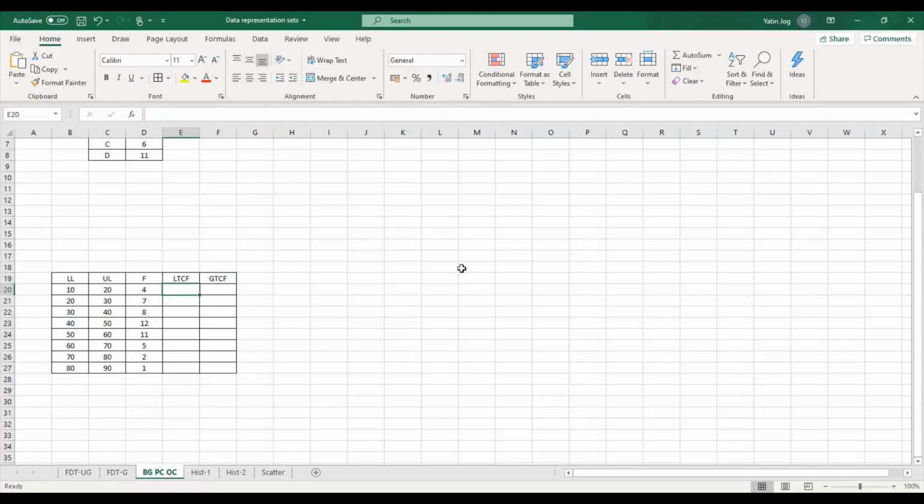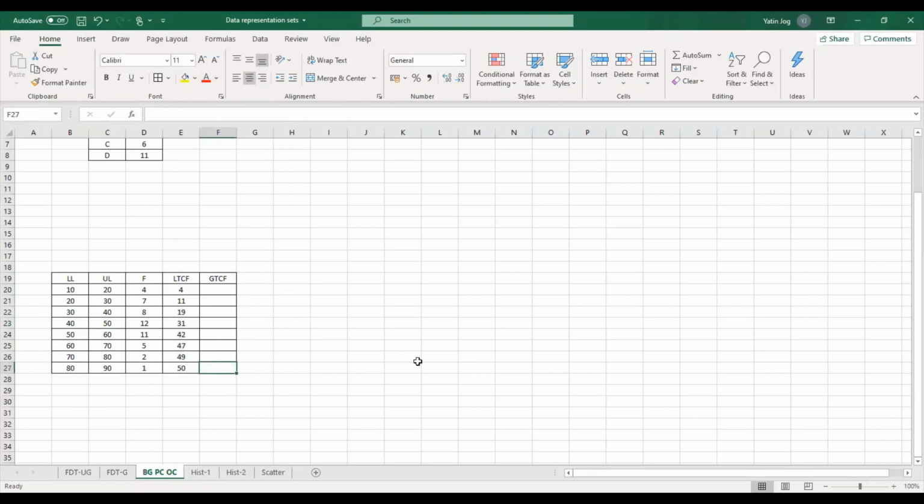For less than cumulative, the first value will remain as it is. That means 4. For the second value, it is the current frequency plus the previous total. So the total becomes 11. So 4 plus 7 is 11, 11 plus 8 is 19. Now I have to repeat this formula for the remaining cells, and that will give me the cumulative frequency of less than type.